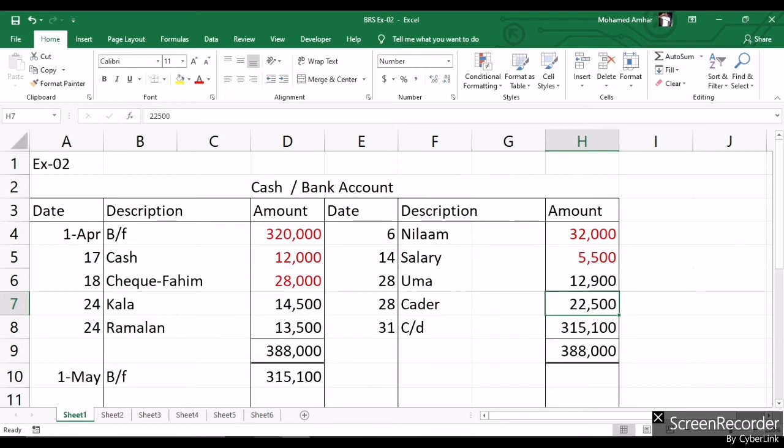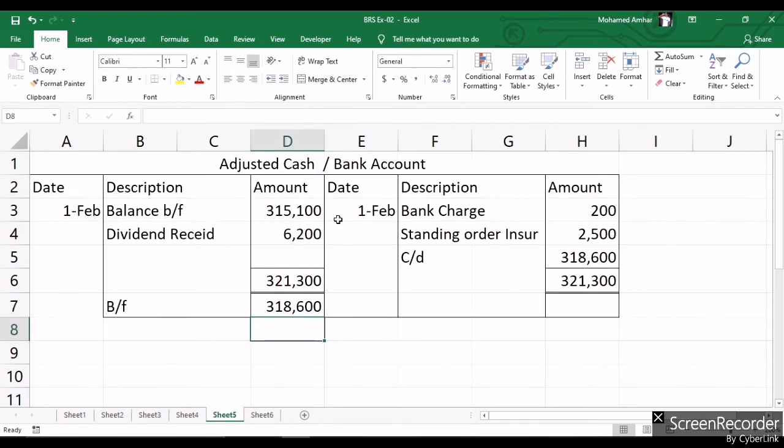Right. So you take the adjusted cash book here. In the adjusted cash book, first you write the balance, and then the dividend received, the bank has recorded, but the business has not recorded, so the business has to record it here in the adjusted cash book.